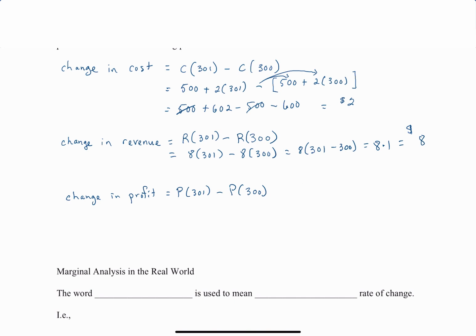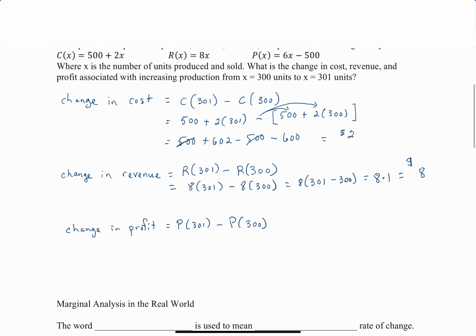One more time, change in profit is the difference in the two profits. Let's see, what was our profit function? 6x minus 500. So 6 times 301 minus 500 minus 6 times 300 minus 500.